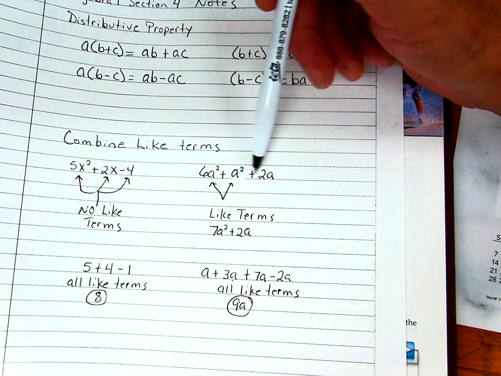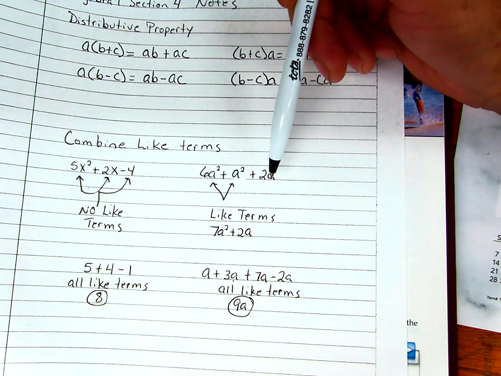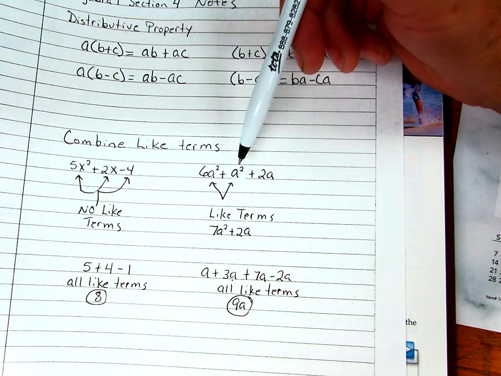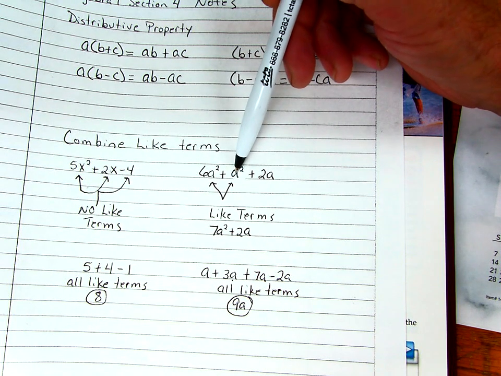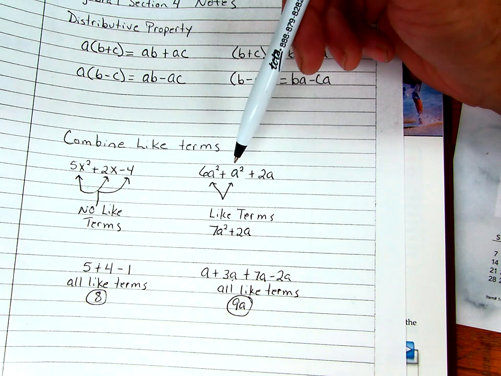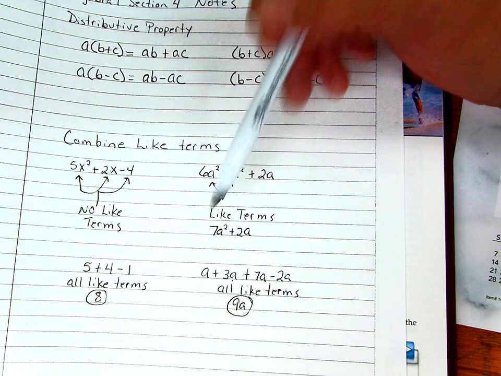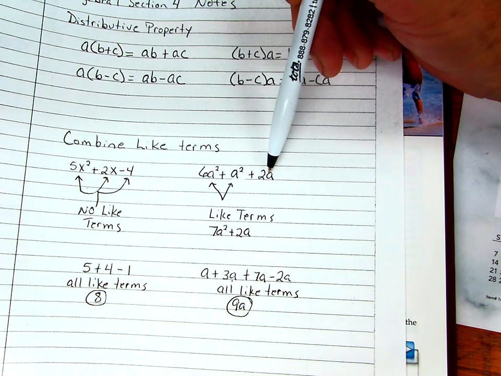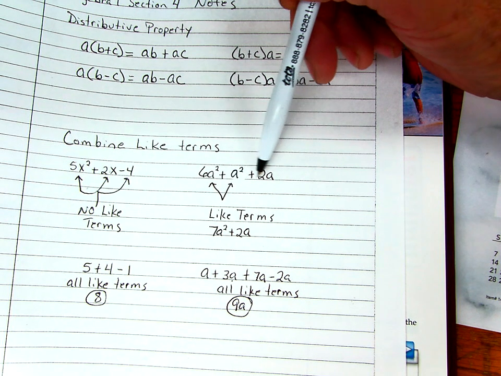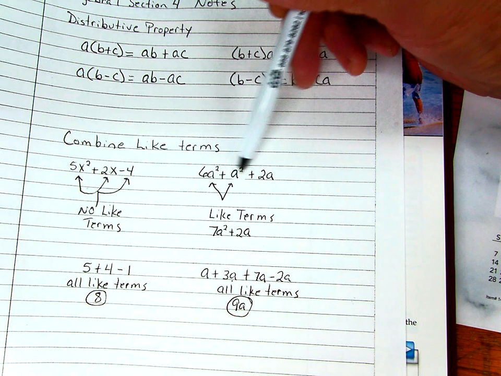Here's an example of where you might have some terms that are like and some that are not. A to the second power can combine with another a to the second power. There's 6 of them here. There's 1 of them here. 6 plus 1 is 7. This term also has an a with it, but it's not raised to the second power, so we cannot combine it with the other two.